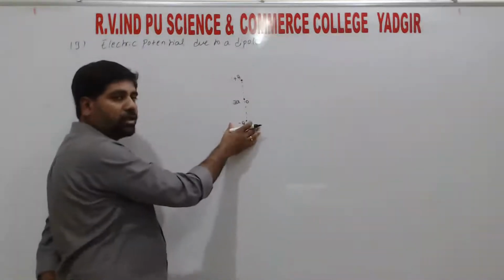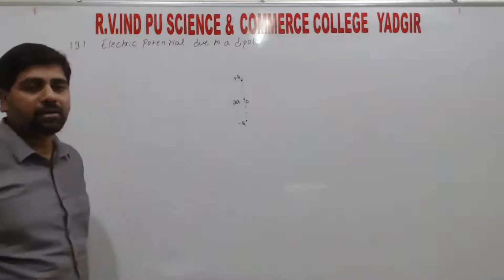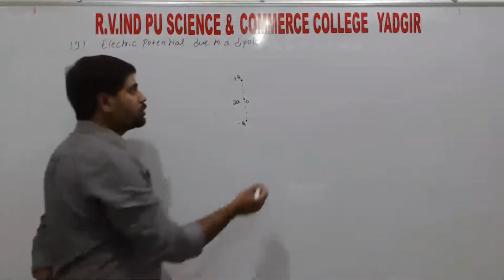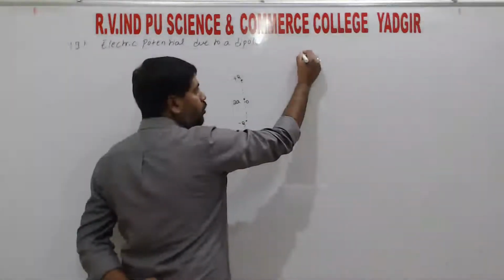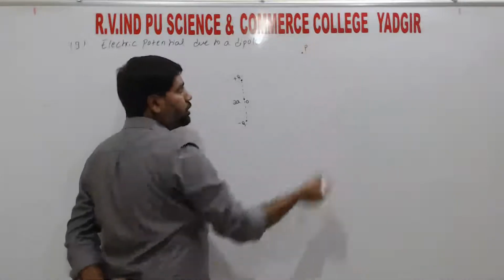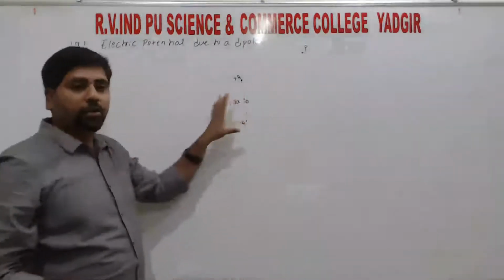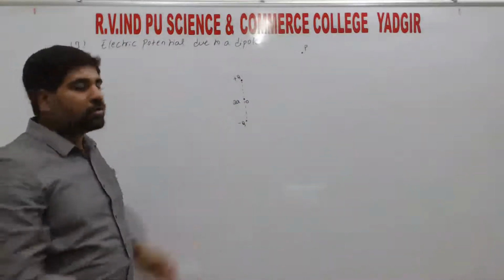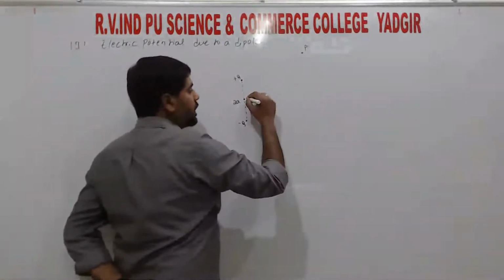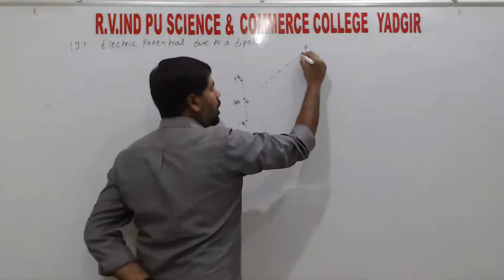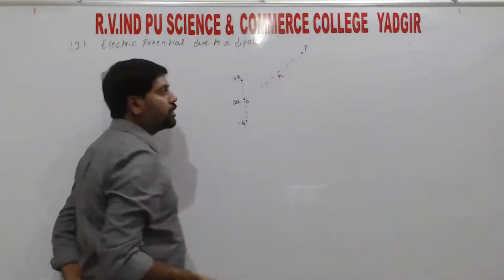So your dipole is there, and anywhere you can find the electric potential, right? For that we consider one point, that is point P. We are going to find the potential at point P due to this dipole. This point P is at a distance r from the center of the dipole.